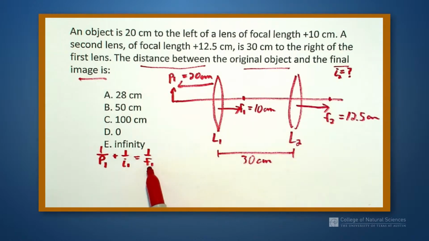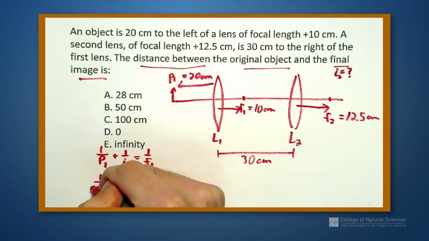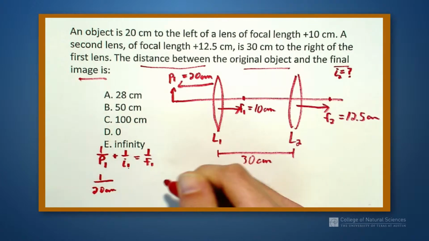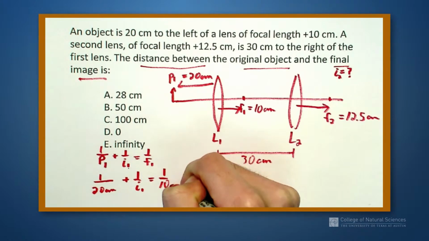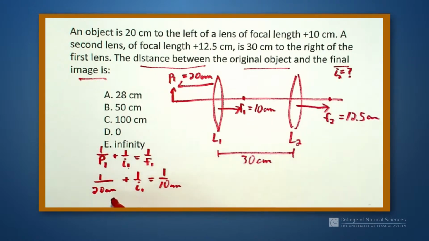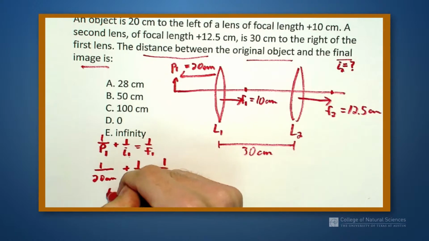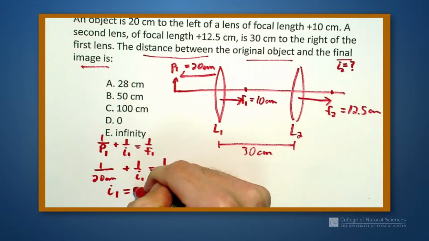The focal length of the first lens is related to the object distance and the image distance of the first lens. So when I plug in these numbers, I get 1 over 20 centimeters, plus 1 over I1 is equal to 1 over 10 centimeters. And 1 over 10 is 2 over 20, so 1 over 20 centimeters plus 1 over I1 equals 2 over 20 centimeters, which means that I1 is going to be equal to 20 centimeters, and it's a positive value.